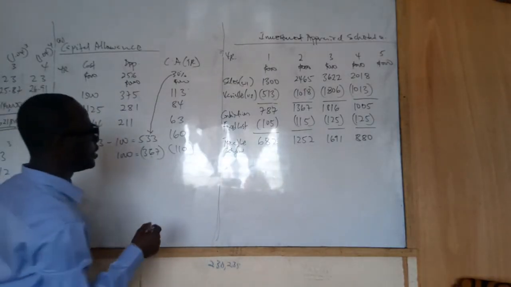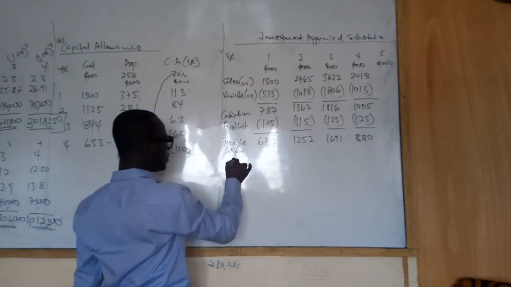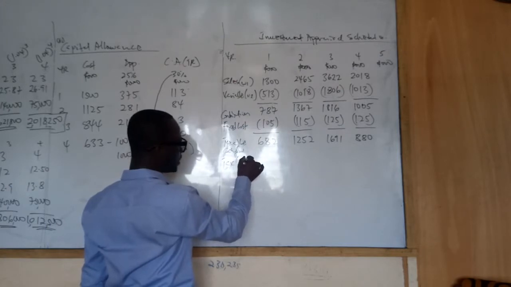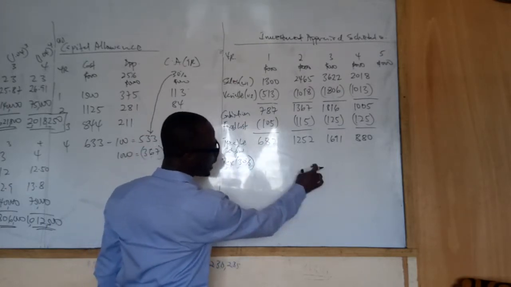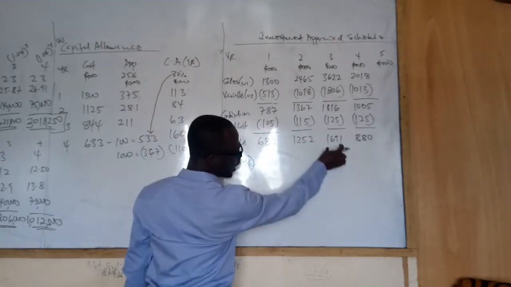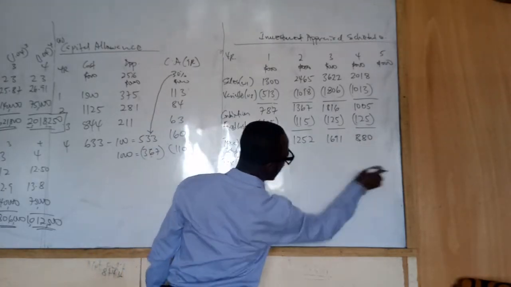Then what do we bring? Tax. What's the tax rate? 30%. So go for it now. Remember, one year in arrears. So year 1 tax will go to 2, 2 will go to 3, 3 will go to 4, 4 will go to 5. Let's go.